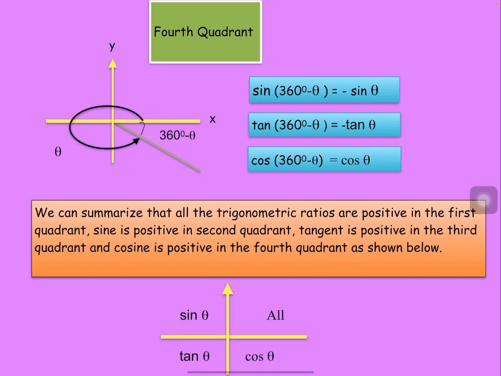So in the first quadrant all trigonometric ratios are positive. Second quadrant, only sine is positive. Third quadrant, only tangent is positive. And the fourth quadrant, only cos is positive, while the rest will be negative.